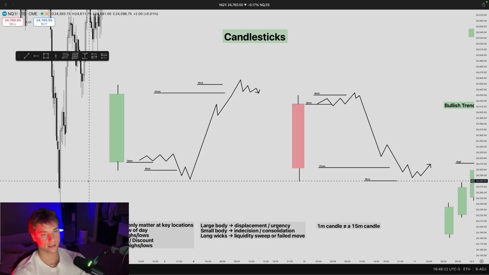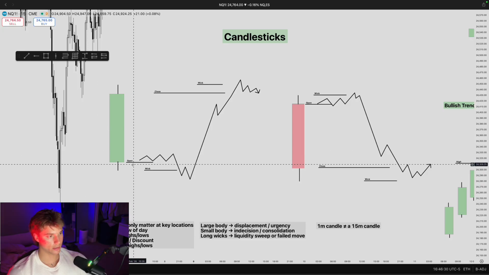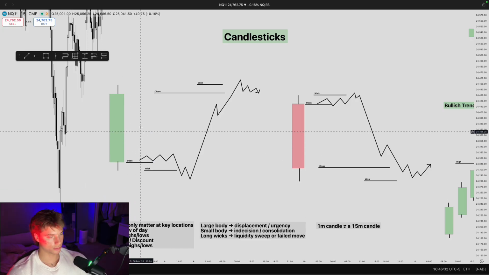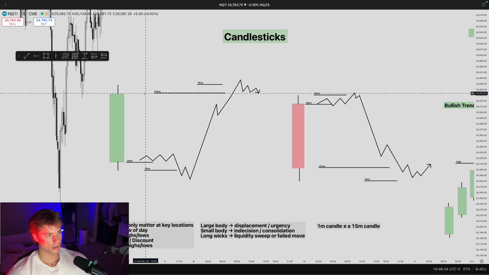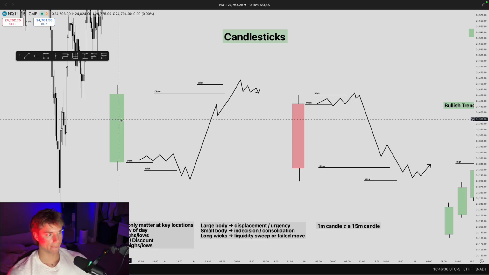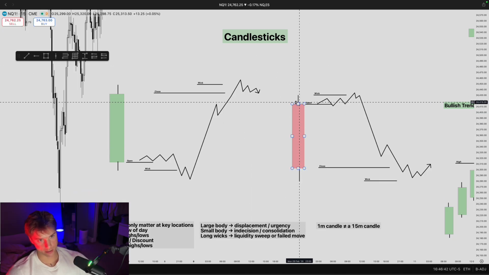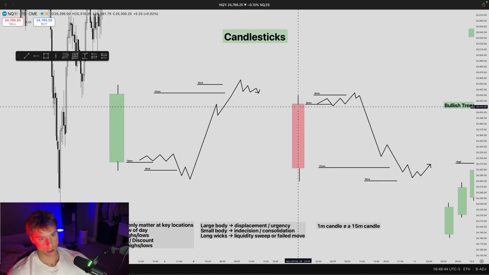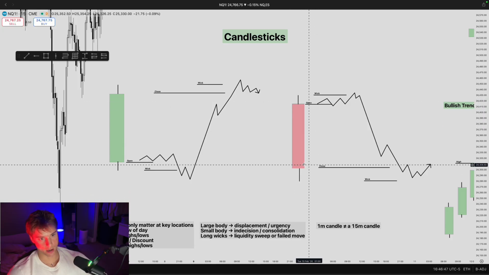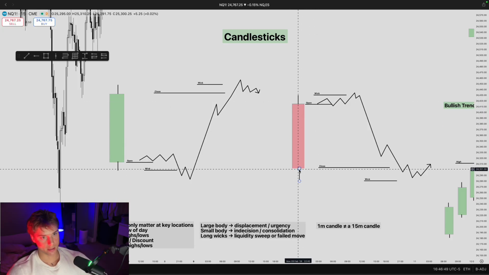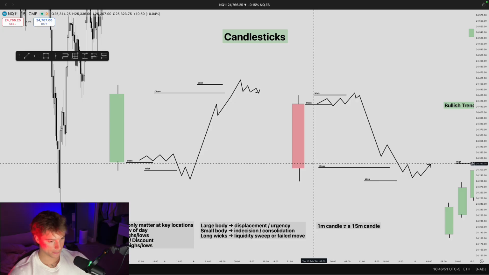Putting this in context of actual candlesticks, a bullish candle will have an open down here and close higher, making it green on a normal chart. A bearish candle will open at the high up here and close down here at the bottom of the body, making it a bearish candle.